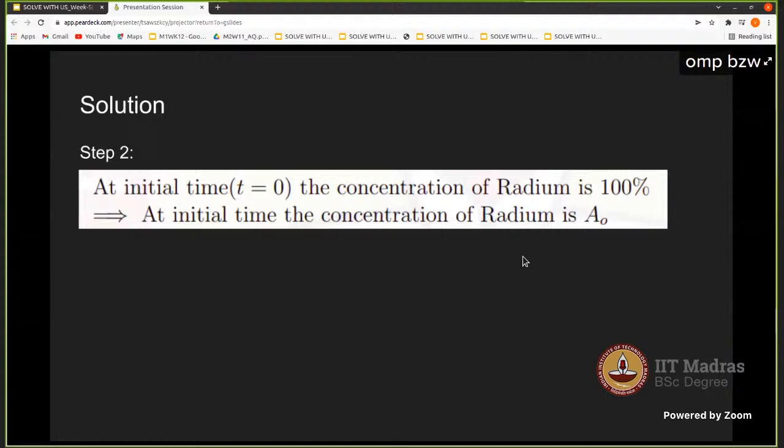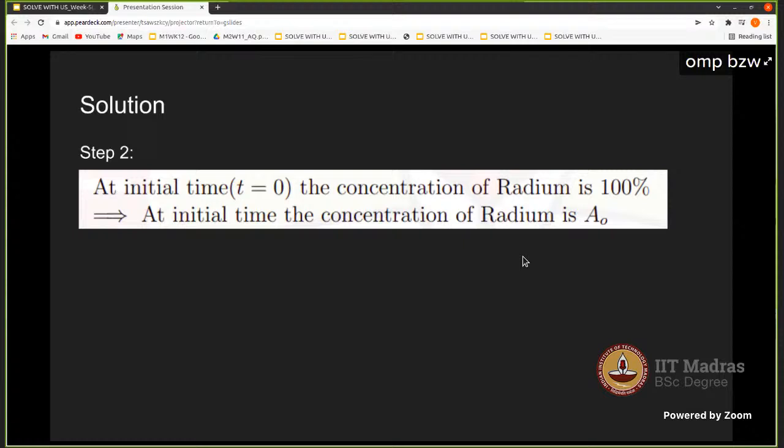And then our second step will be like, at the initial time, we said the concentration of the radium is 100%. So if you substitute t equal to 0, A of 0 will be A naught. So our initial concentration is A naught, which is 100% of radium. If A naught is 100%, what is A of 2000?